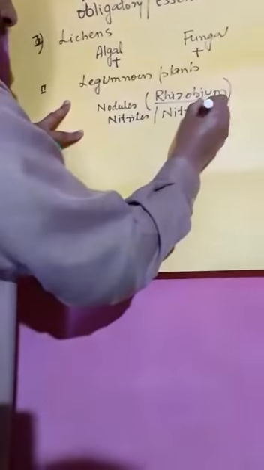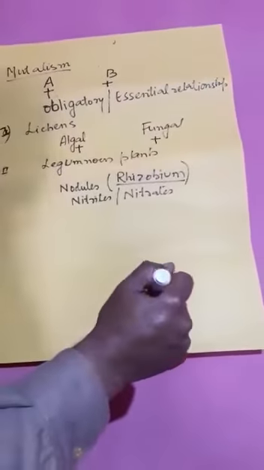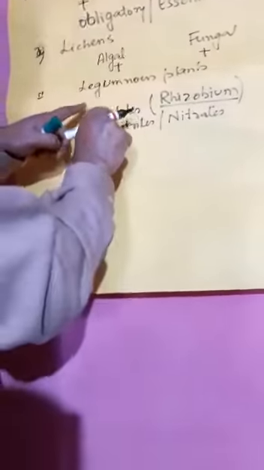These nitrites and nitrates are then used by the leguminous plant, mainly the groundnut or pea plant. They make use of these nitrates and nitrites for their growth, for their development.